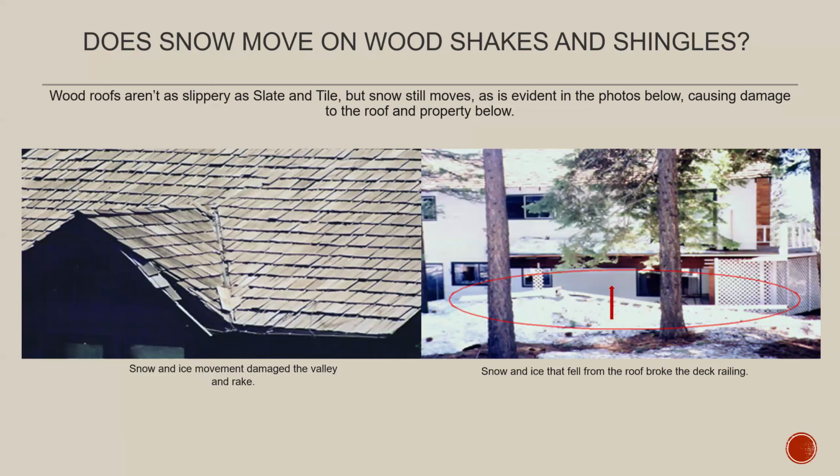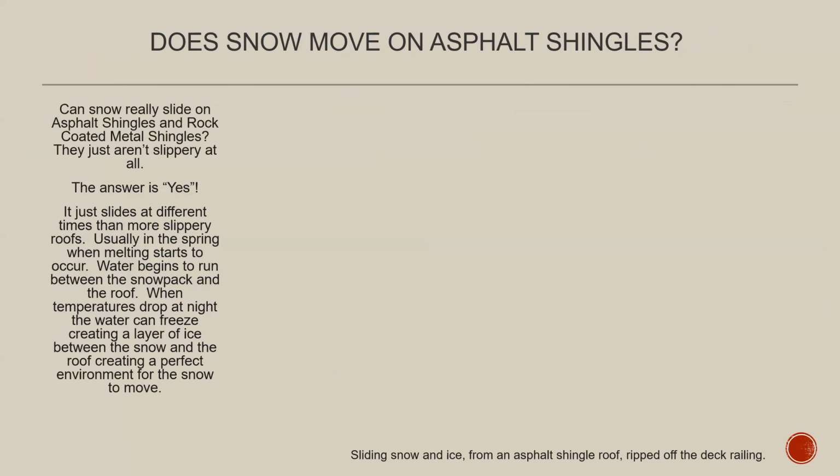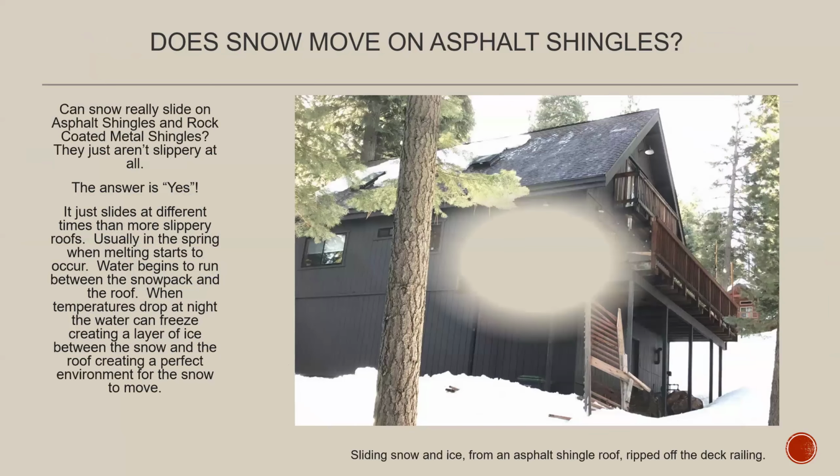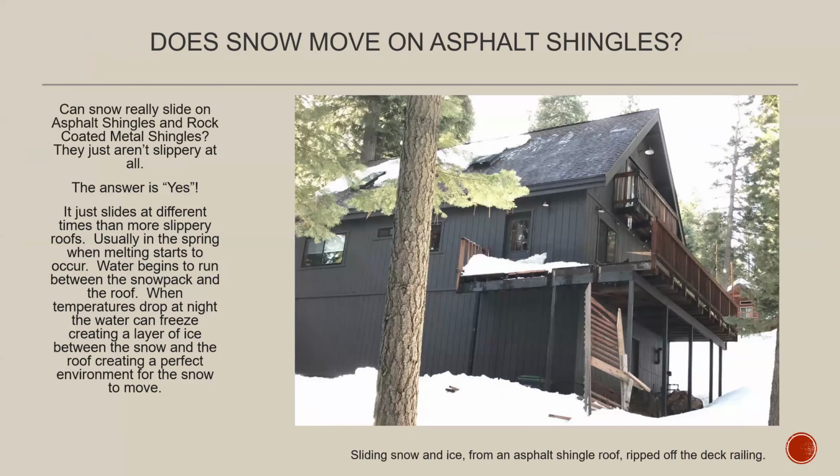Wood roofs are not as slippery as slate and tile, but snow can most definitely still move on those types of roofs. We've seen many broken deck railings, penetrations, solar, all different types of things be damaged on those types of roof surfaces. And asphalt shingles, these are the winners right here.